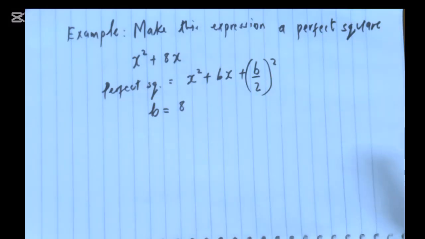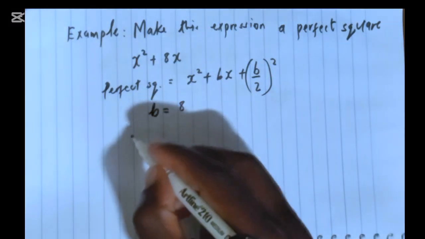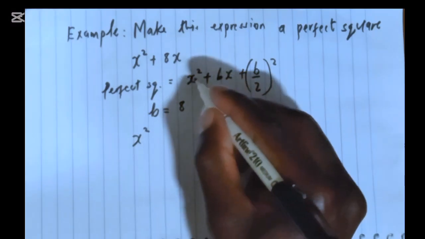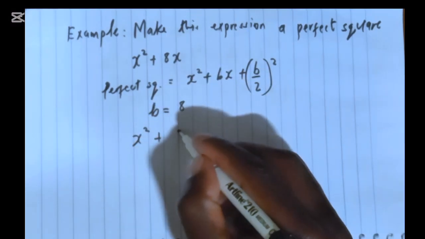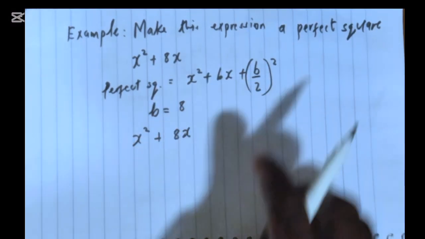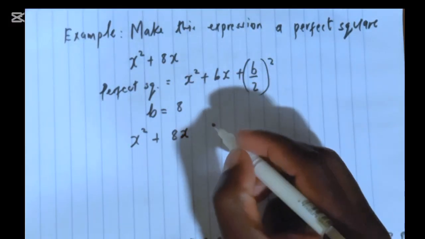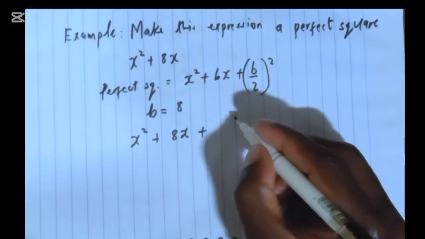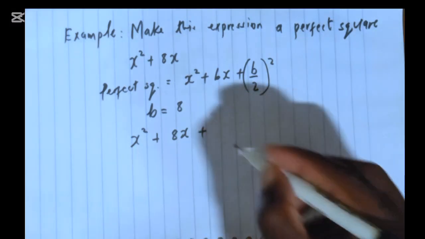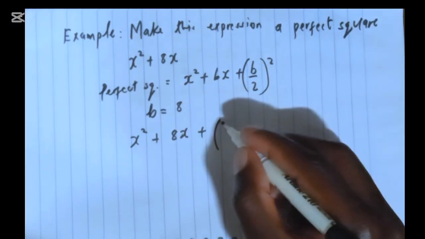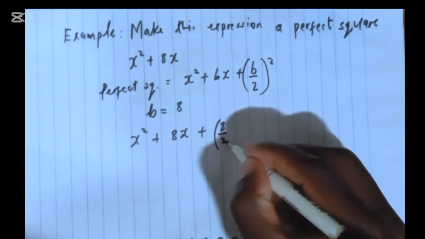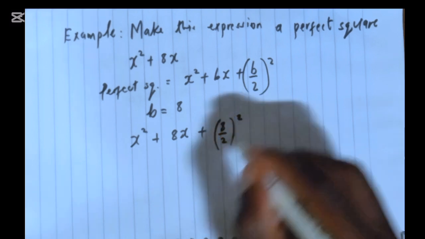So for us to write it as a perfect square, we're going to have x squared plus 8x, you remember that's the value of b, plus, now that we already know b, (8 all over 2) squared.